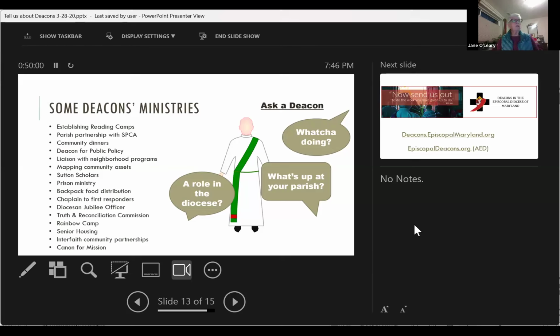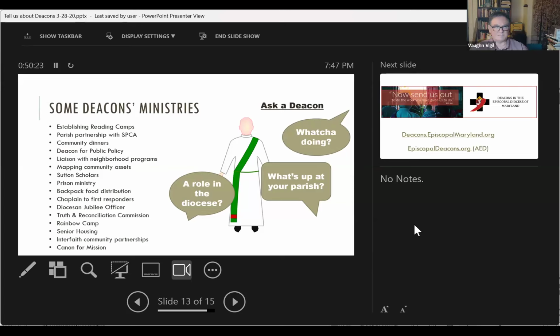But many times it has to do with the outward ministry of the church. So for example, deacons are involved with the Maryland Advocacy Network, providing leadership in lobbying in Annapolis.